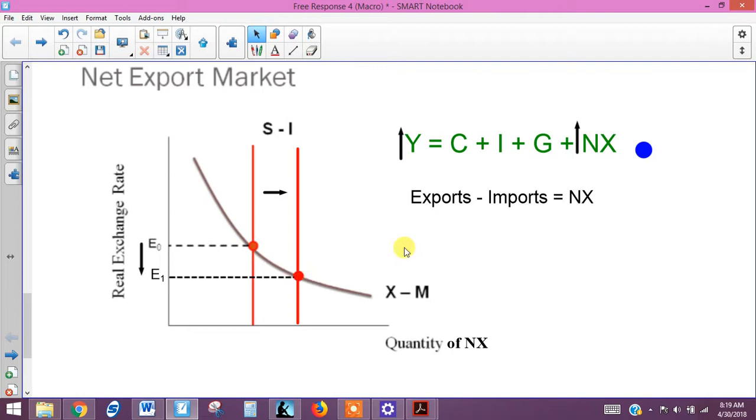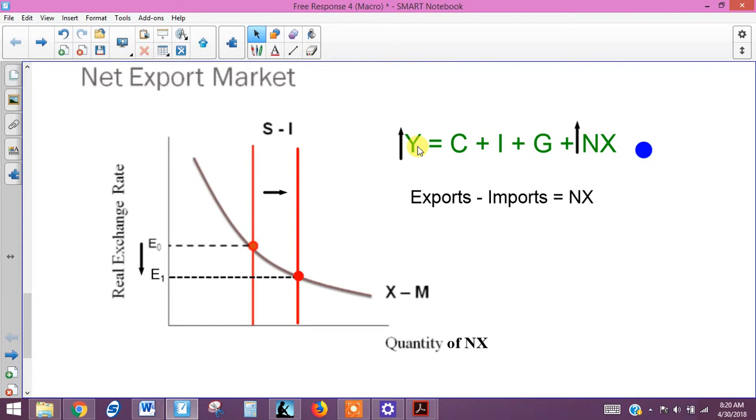Now, another way you can think about that is, if our dollars are cheaper, then we're going to sell more to the world, because that means our goods that the world has to buy with dollars are cheaper. So our exports go up, so our net exports go up, which causes our overall output to go up.